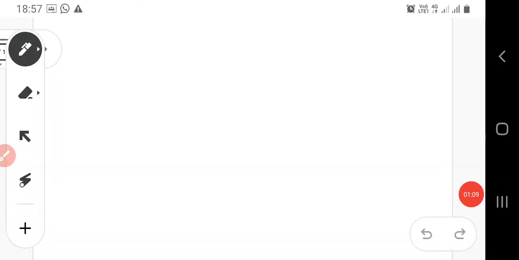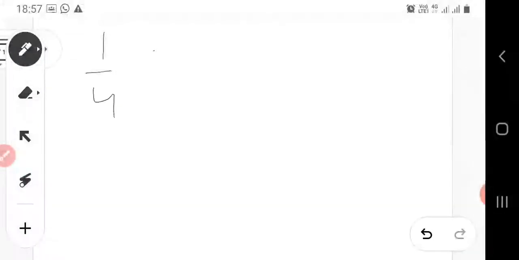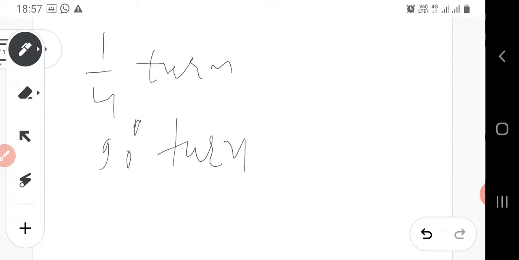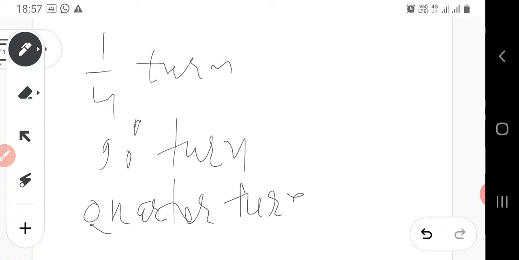What do you mean by 90-degree turn, 1/4 turn and quarter turn? 1/4 turn, 90-degree turn and quarter turn. These three terms are same.